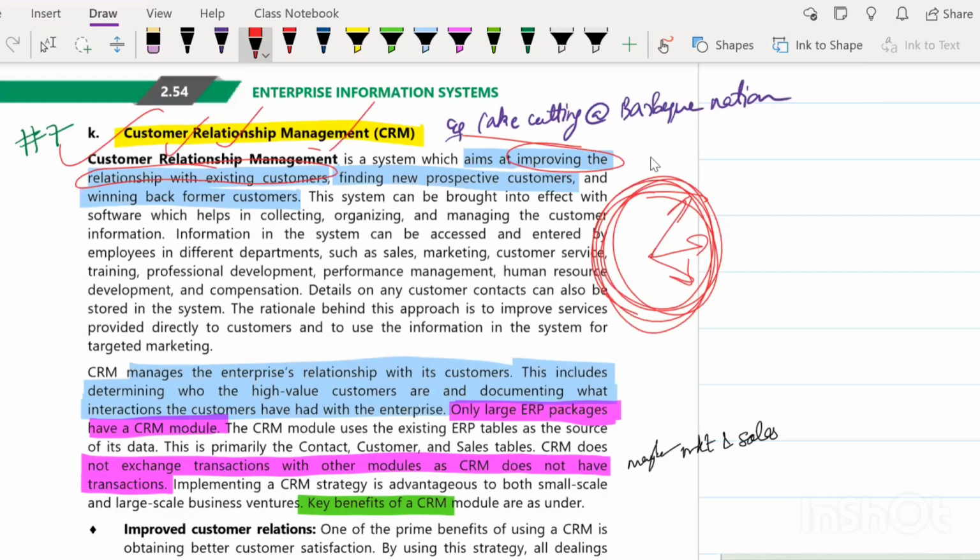CRM also helps in finding new prospective customers and winning back former customers. Winning back former customers means, for example, you go to a hotel and they bring a dish that you did not like, or it was not hot enough and it got cold.